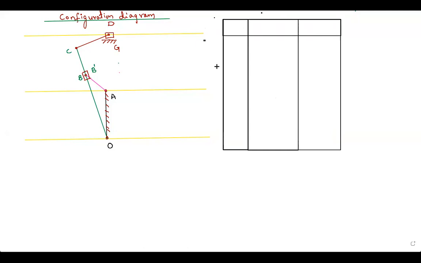So the different things we are going to know are: which link are you talking about, the magnitude of velocity, and the direction of velocity.